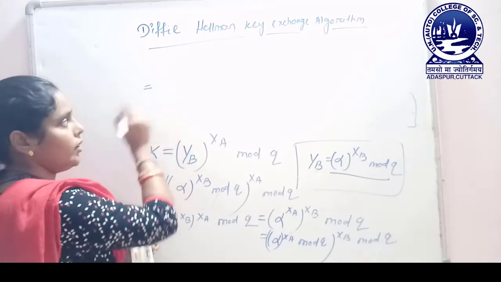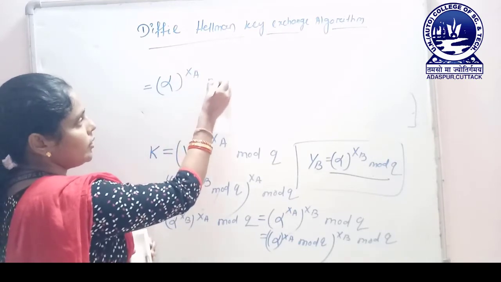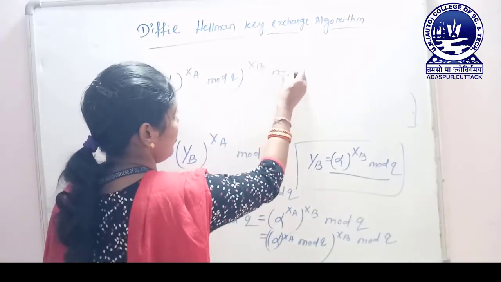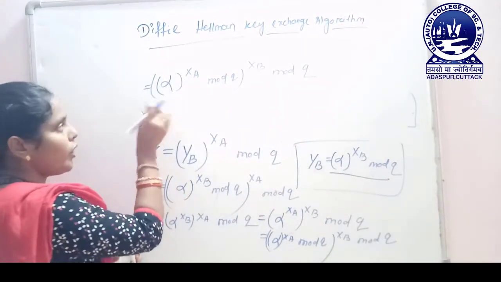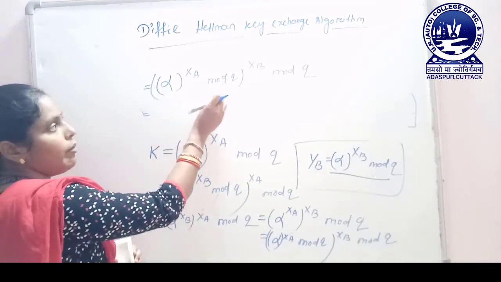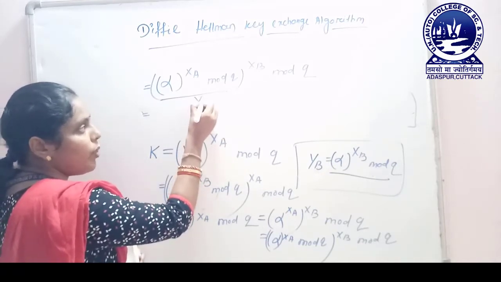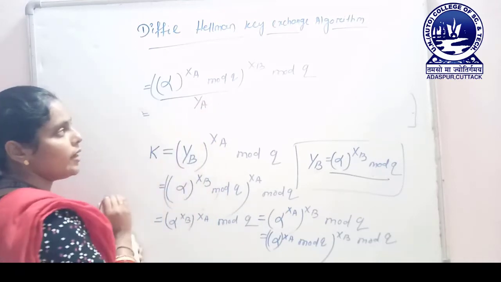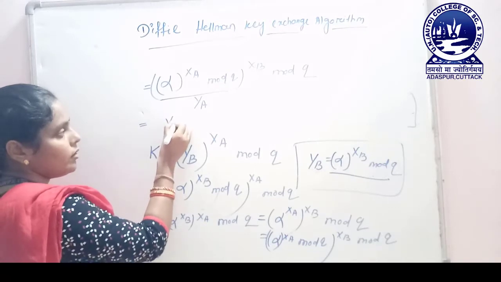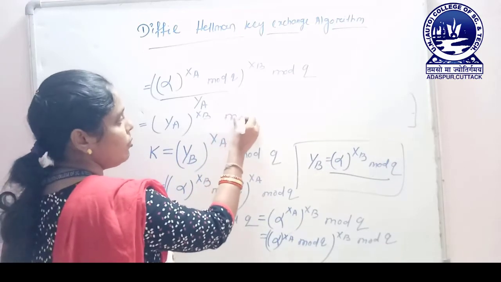Alpha to the power XA, then mod Q to the power XB, then mod Q. Now from this, alpha to the power XA mod Q is nothing but the public key of Alice, that means YA, which means the value is YA to the power XB, then mod Q.